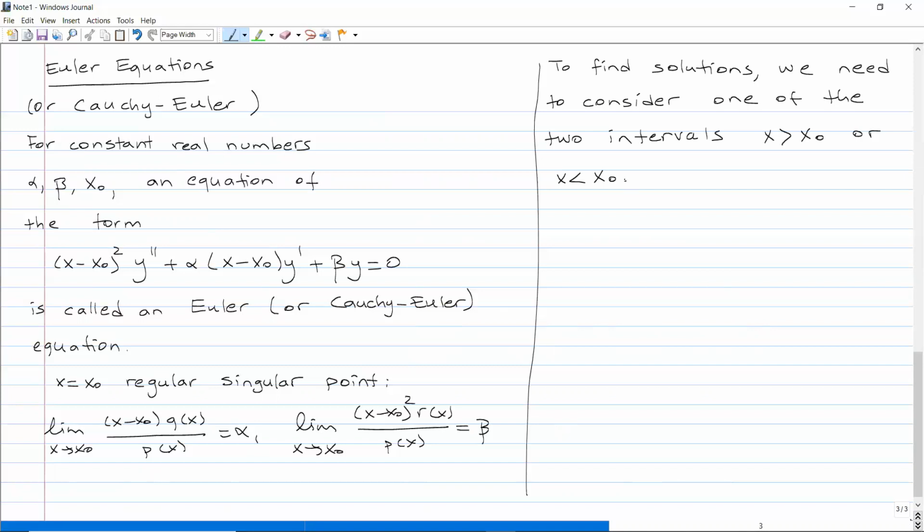Because at the point x0, the coefficient functions, remember the coefficient functions are q over p and r over p.